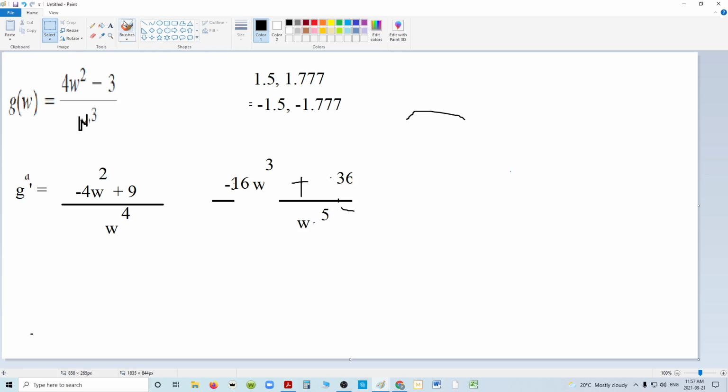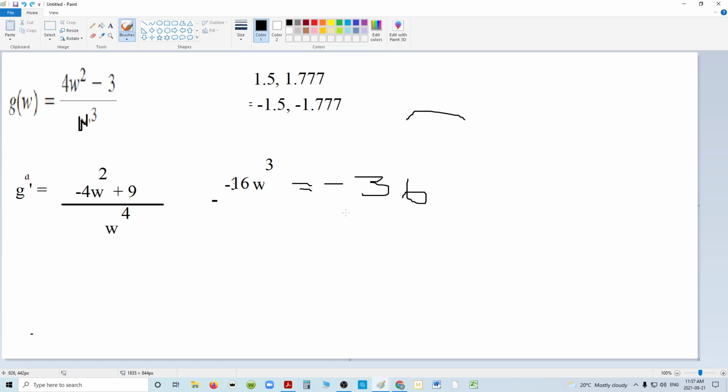Pretty complicated. Now, I have to set it to 0 to find inflection points. Obviously, the w to the 5 doesn't matter. I get minus 16 w cubed is equal to minus 36. Might be minus 38, but anyway.